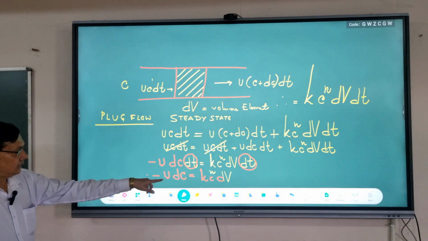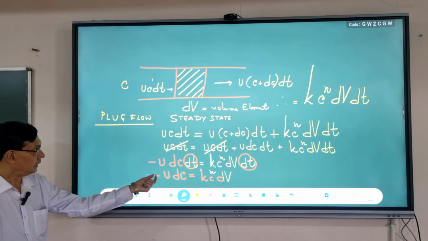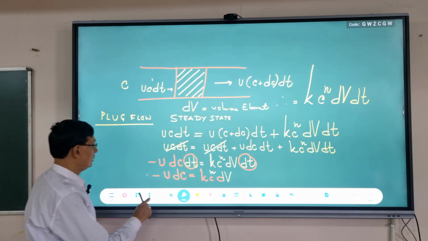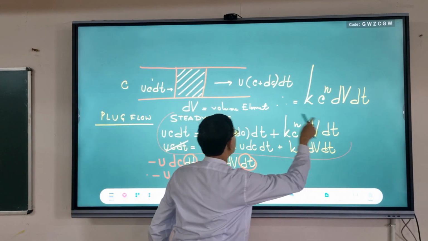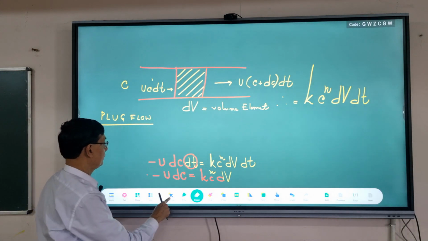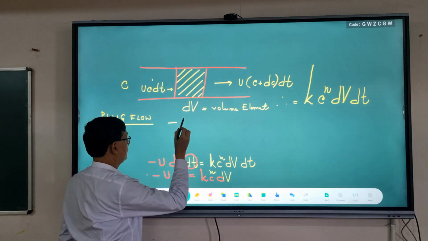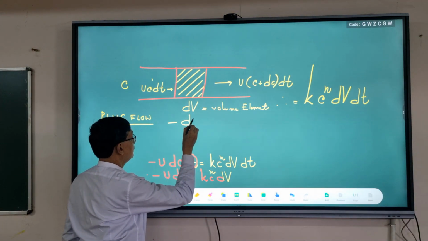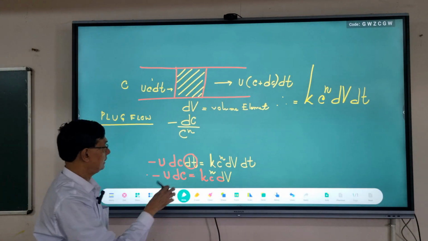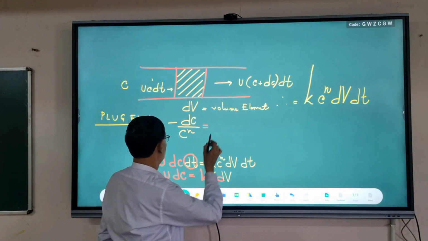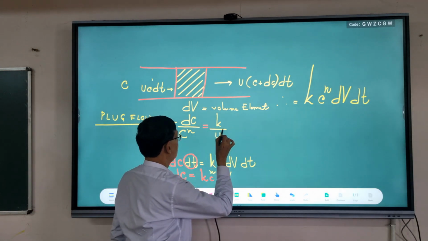So rearranging these things, because it is concentration and it is the rate of change of volume, minus dC over C^n is equal to k divided by u, dV.